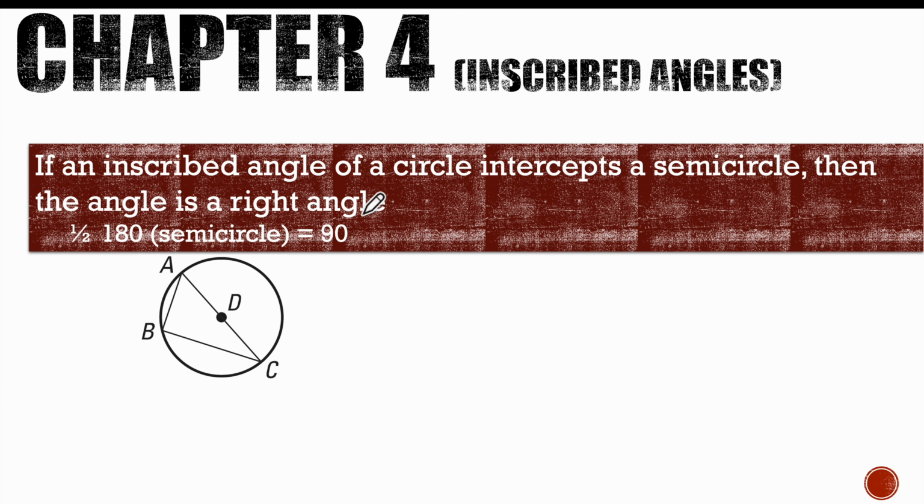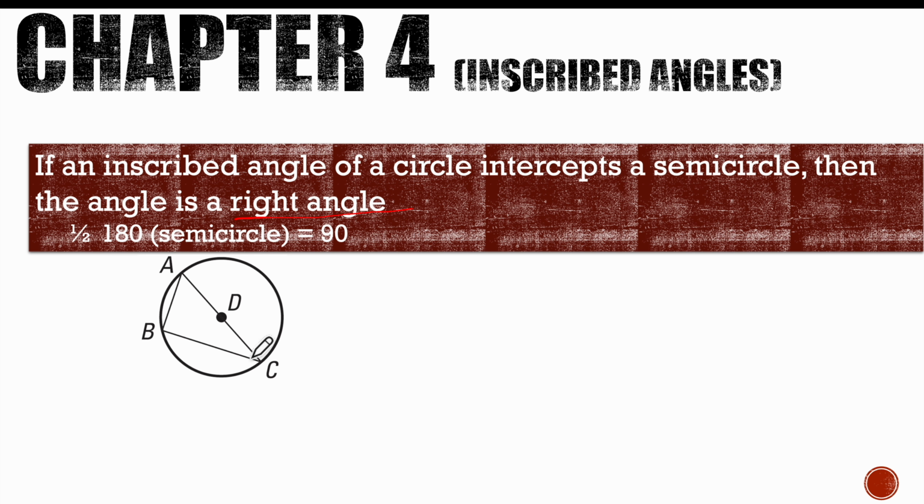If an inscribed angle of a circle intercepts a semicircle, what has happened here? This is an inscribed angle, and it is formed at a diameter, because it intercepts a semicircle. Then the angle is a right angle. Why is it a right angle?